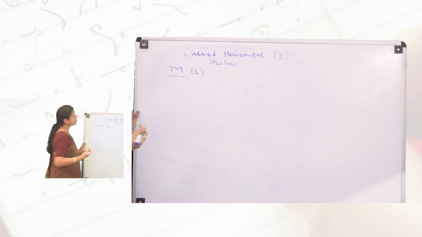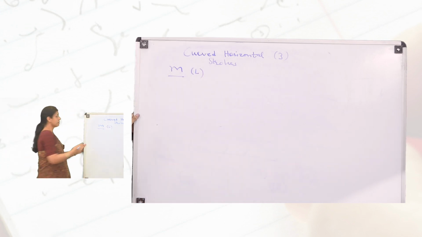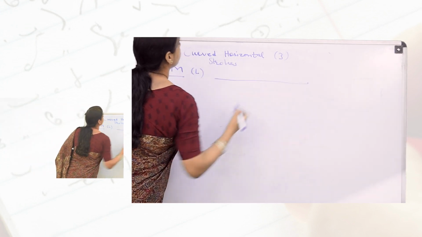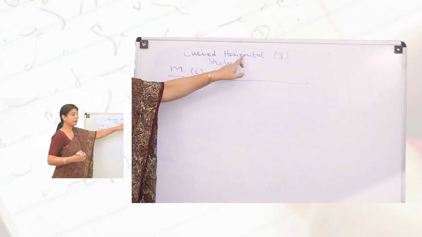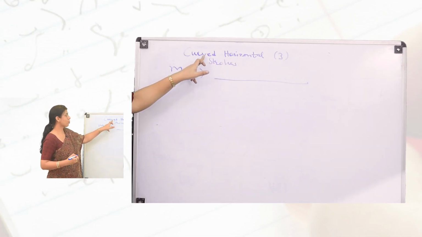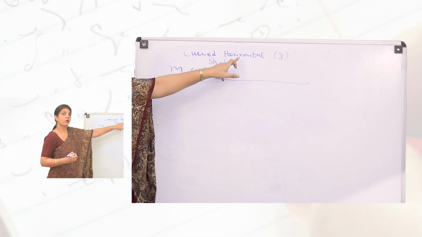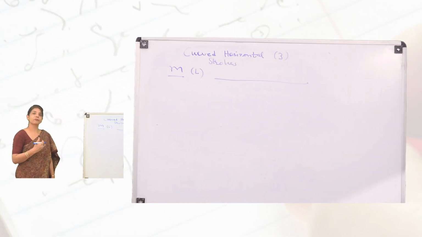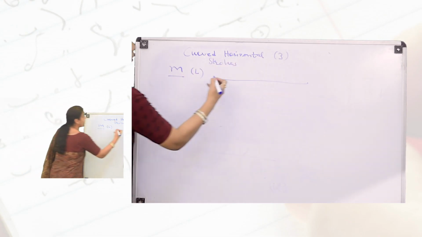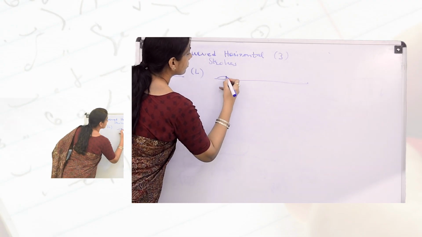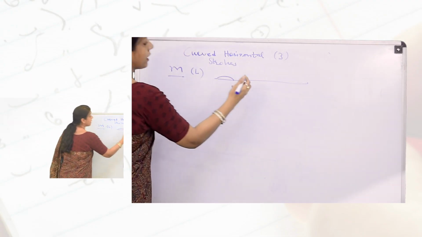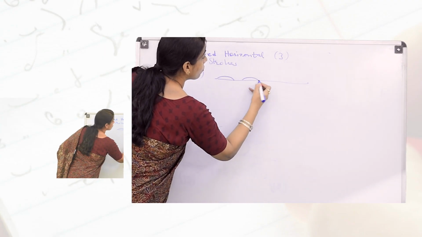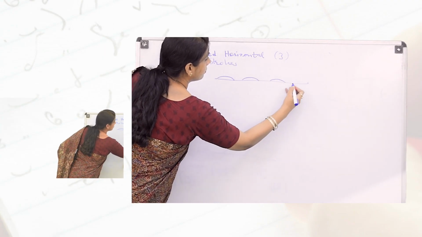M is pronounced with a light sound, so it is a light consonant. And what do we mean by curved horizontal? A stroke which is based on a curve written in horizontal direction from left to right. So a curve written from left to right. This is the sign which is used for the sound of M in shorthand.